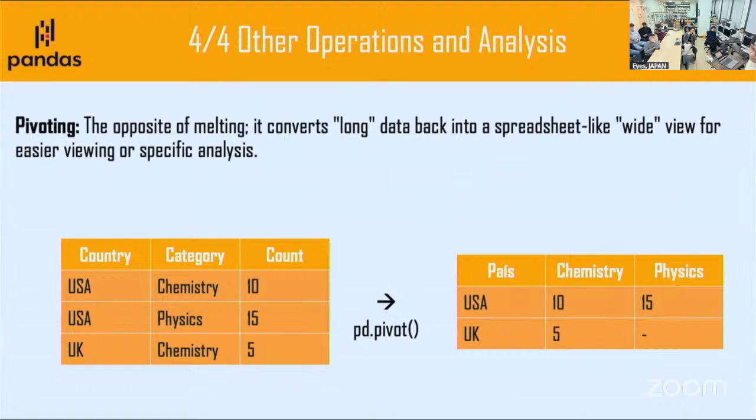So you can use the pivot function and you will say, okay, this is easy to analyze. It's easier when we visualize, just for visualizing data. When you want to get data, you can say, okay, from USA, tell me how many chemistry they have. So when you use pandas, it will be easier to get the information.